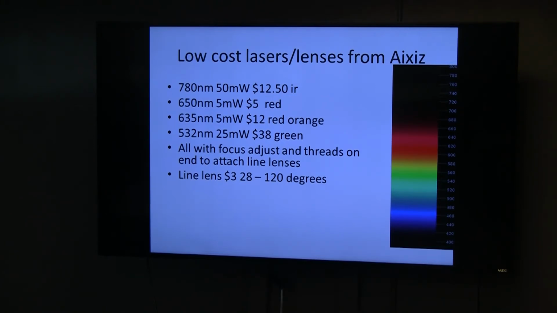It looks like a Fresnel lens on the front, and it's not actually a true line lens. It makes it into a series of dots, so if you defocus the laser a little bit, it looks like a line. The lens on that thing, I think it's actually referred to as a cylindrical lens.